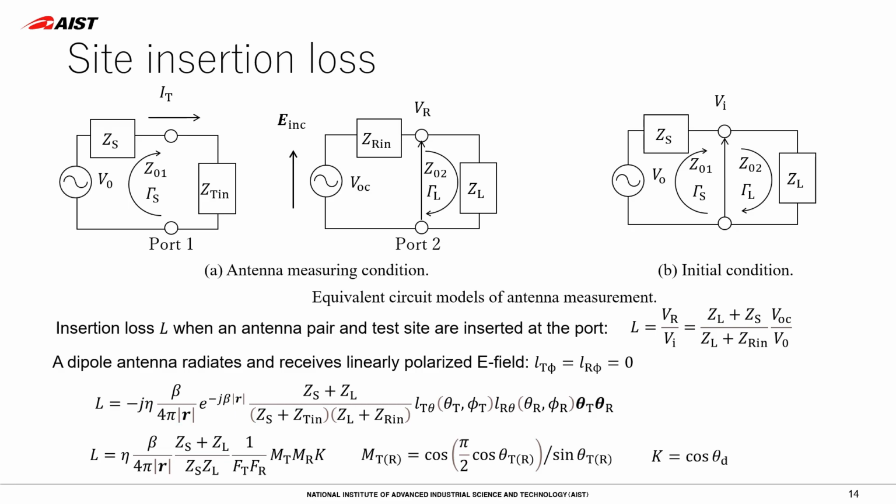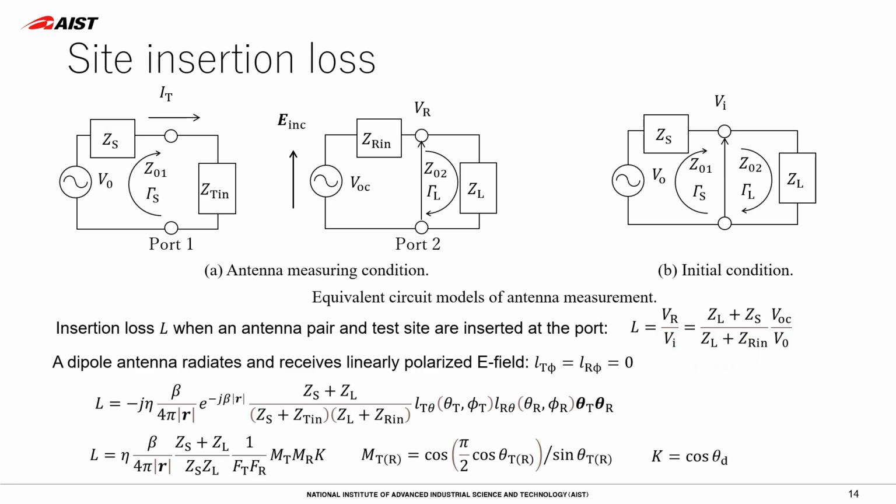As for figure B, it is an initial condition when their ports are directly connected by removing both antennas from the ports. Subtraction of the initial condition from the antenna measuring condition is the loss when antennas and the measurement site are inserted. The loss is ordinarily called the site insertion loss and given by this equation.